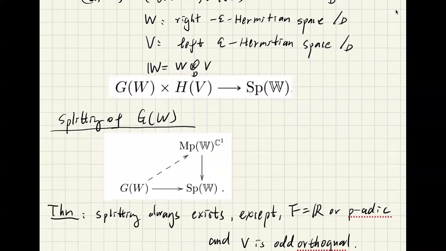The question is whether you can have a dashed map from G(W) to Mp(W) tensor C1 to make this diagram commute.